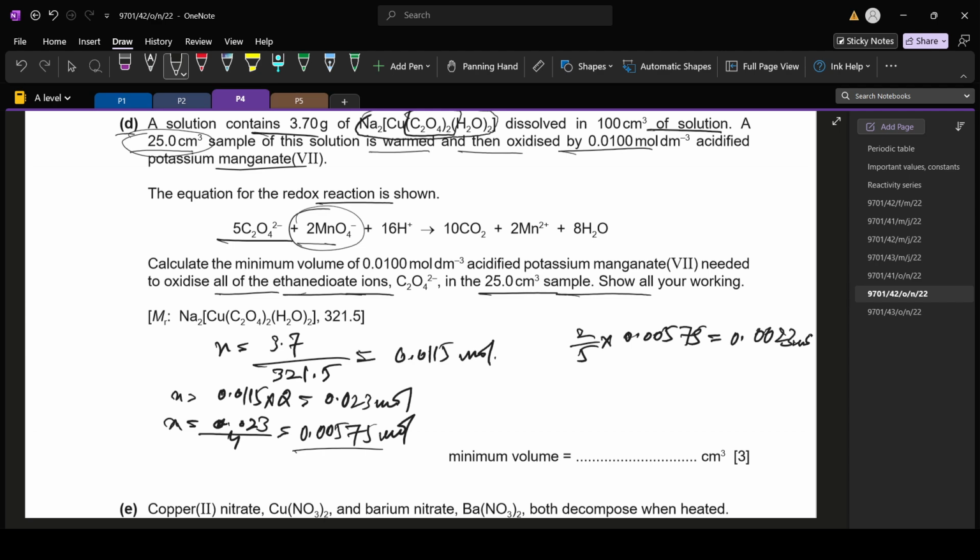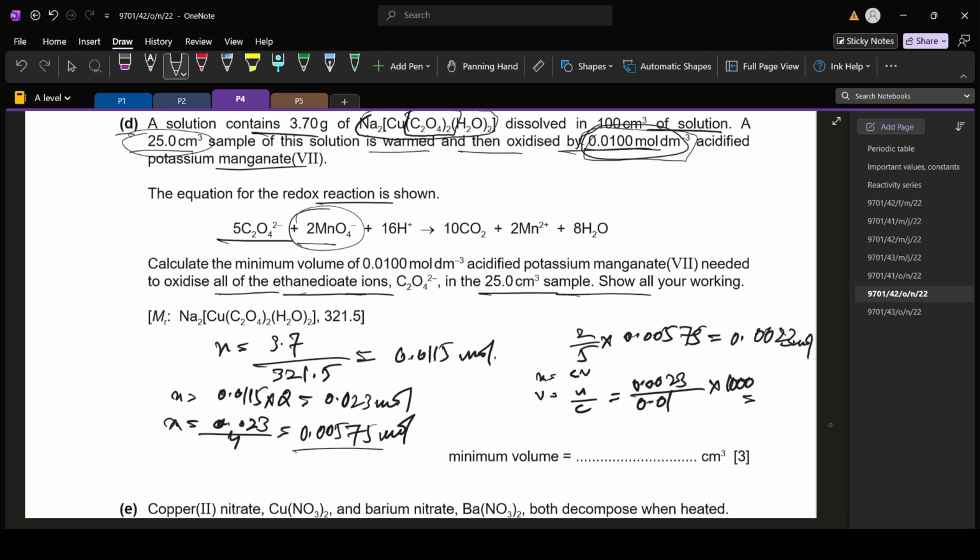Moles. Now you are given the concentration of potassium manganate, so you will find the volume. n is equal to CV, and V is equal to n upon C. You have calculated the moles, 0.0023, divided by the concentration 0.01, which is the concentration of potassium manganate, and you will multiply it by 1000 because the volume will be in dm cube, so you have to convert it into cm cube.